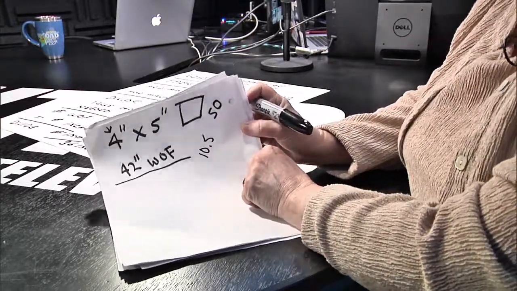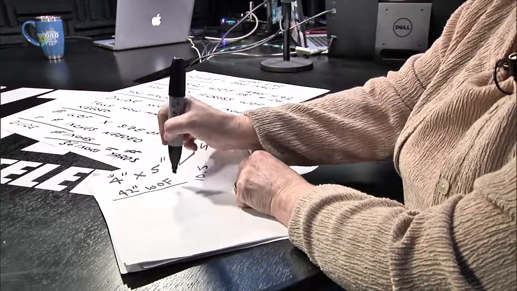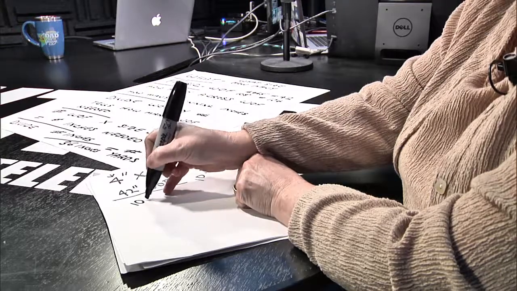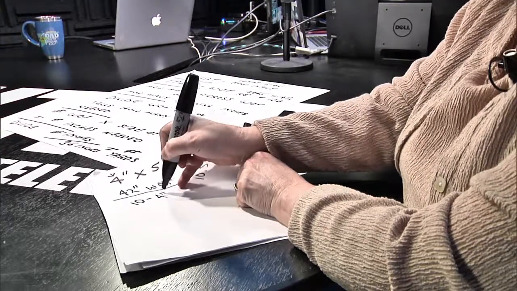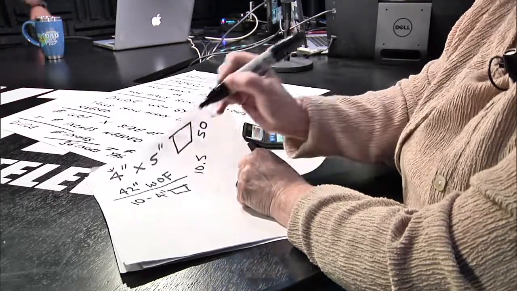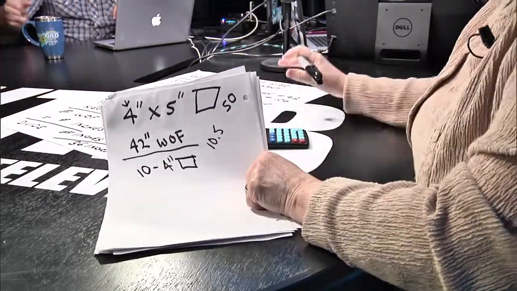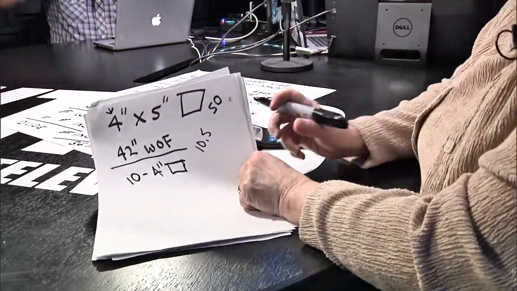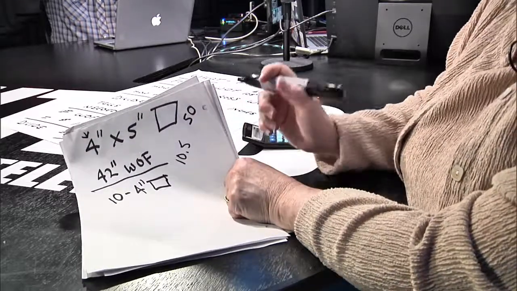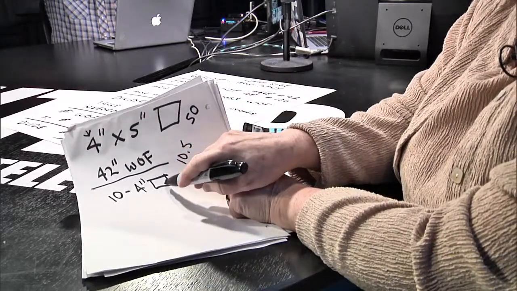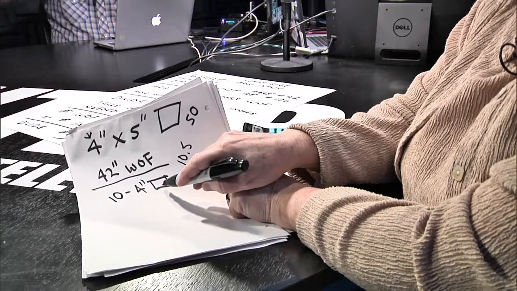You get 10.5, but you can't get a half of a square. So across a width of fabric, you're going to get 10 4-inch squares. If you have to, write it all out or even draw pictures. Sometimes I draw pictures if we're figuring something out. So you get 10 squares across a width of fabric.